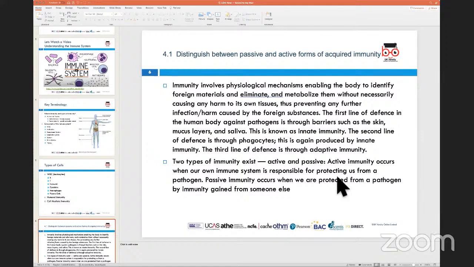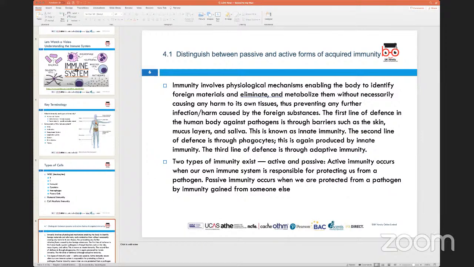In this case, the immune system responds by producing antibodies which are specifically tailored to combat the pathogen. This active acquired immunity is long-lasting and provides protection against future infections from a similar pathogen.